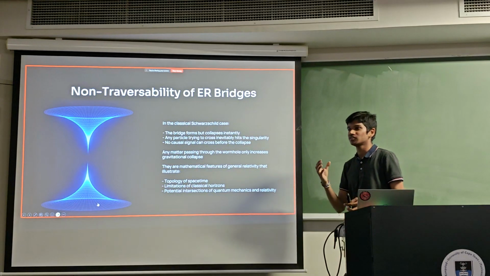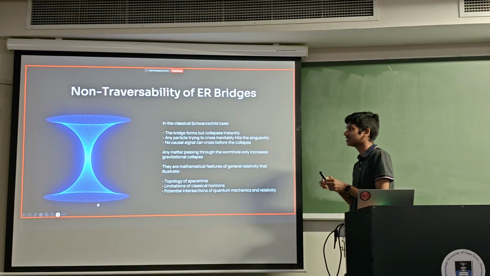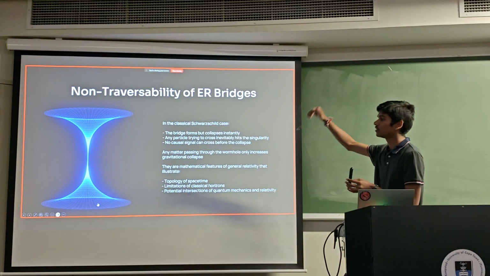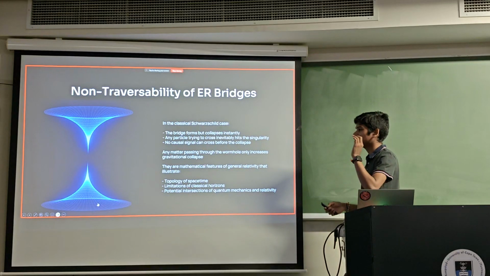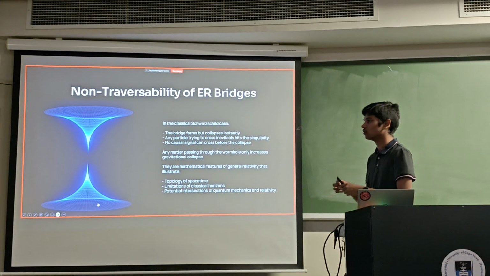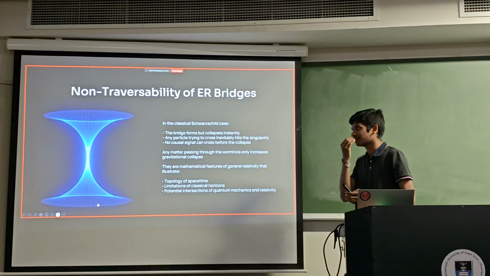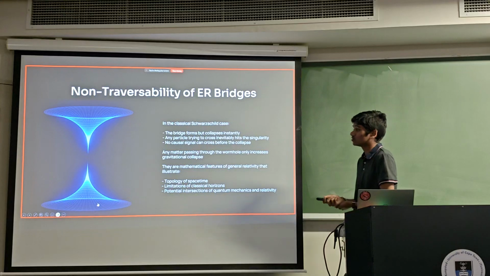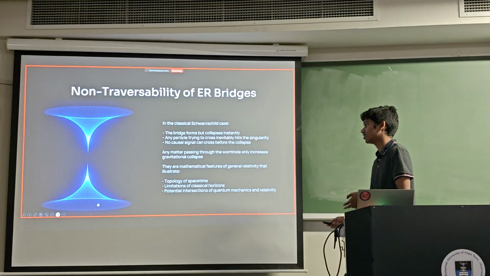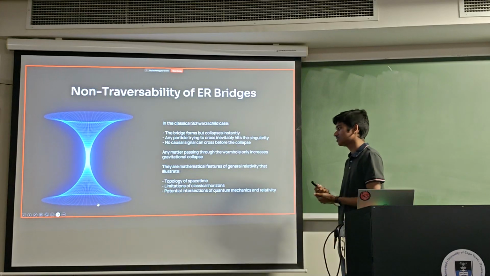The speed at which the singularity pinches the wormhole is the speed of light, therefore even a photon couldn't cross through in time. Now, if you were to toss anything into a wormhole by chance, it would only accelerate the gravitational collapse because remember, you're adding more mass to the singularity. These wormholes, though, are mathematical features of general relativity, and all they do is illustrate the topology of space-time.